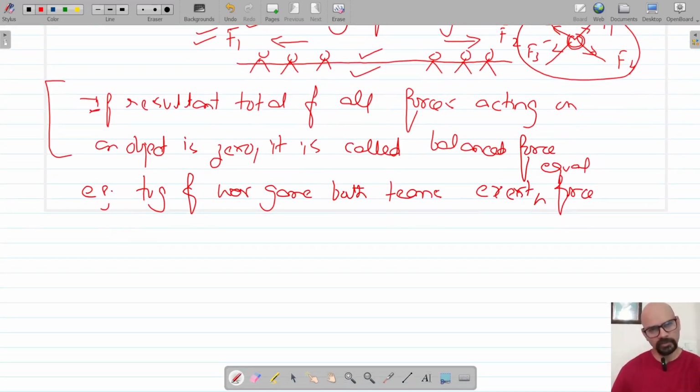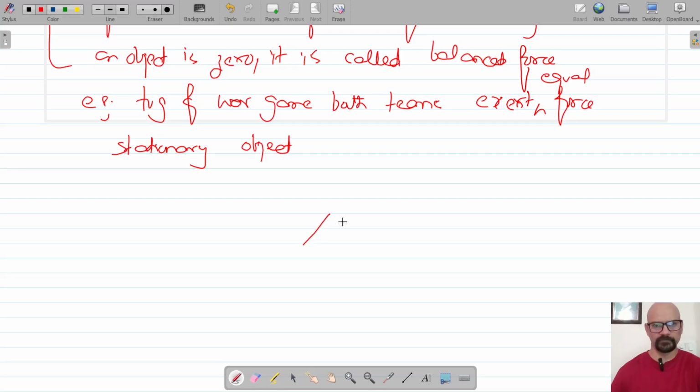And the next very good example of a balanced force is a stationary object. Now, how is this stationary object an example of the balanced force? Let's say a box is kept on the ground. So this is a stationary object with a box kept on the ground.